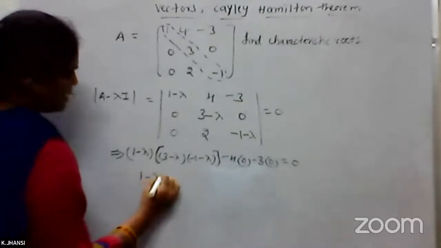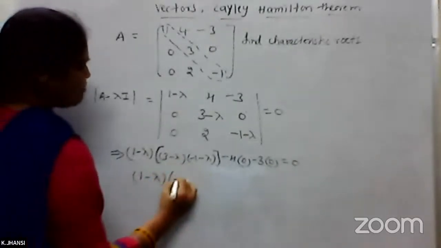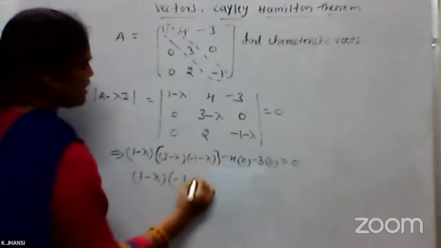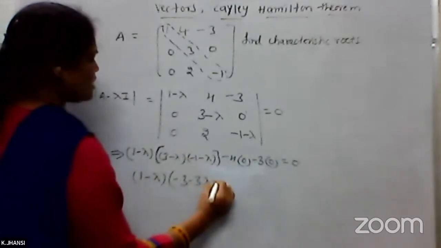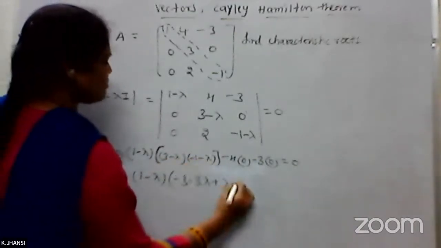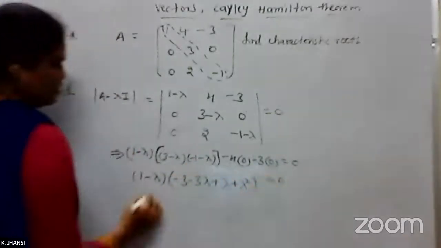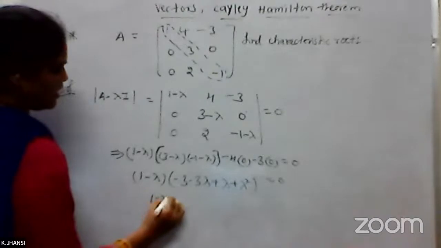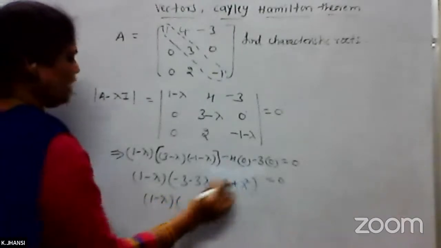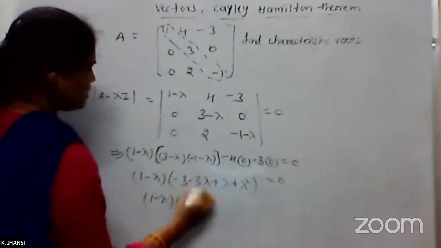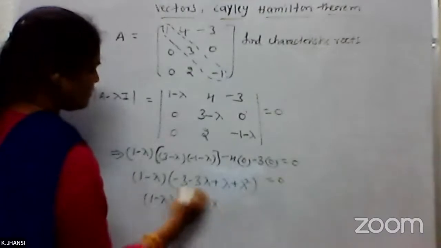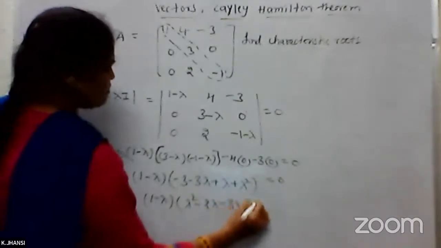So 1 minus lambda into minus 3, 3 minus 3 lambda, minus into minus plus lambda, minus into minus plus lambda square equals 0. Okay, so 1 minus lambda into lambda square minus 2 lambda minus 3 equals 0.